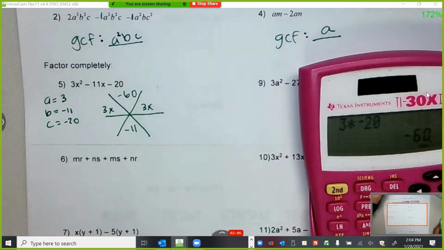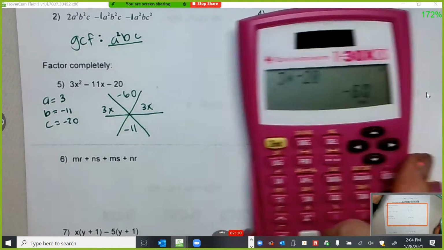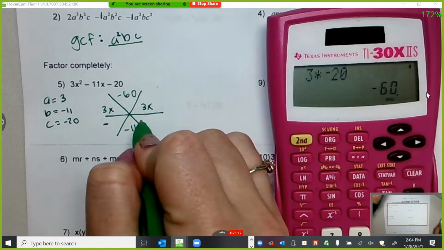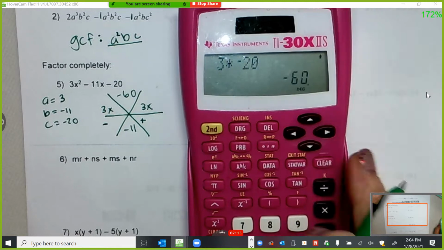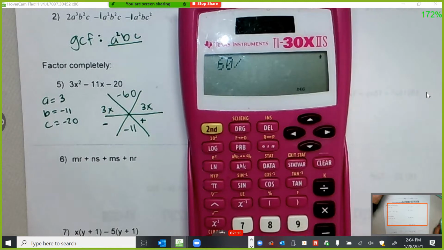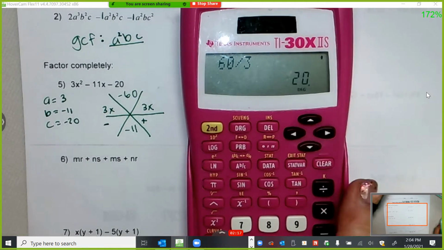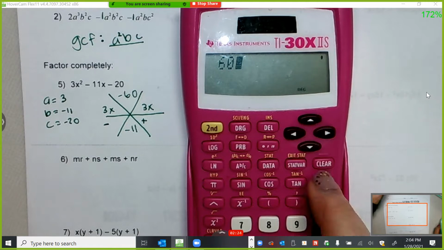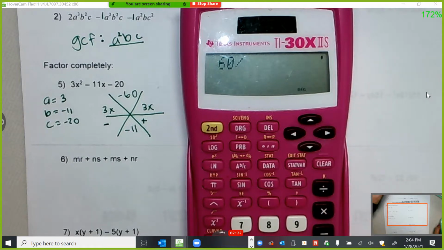Okay, what goes into 60 but adds to give you -11? Well, I know that this is negative, so I'm going to have a negative and a positive. And I'm just going to start: 3 and 20 don't make 11. 5 and 12 don't make 11. 6 and 10 don't make 11.